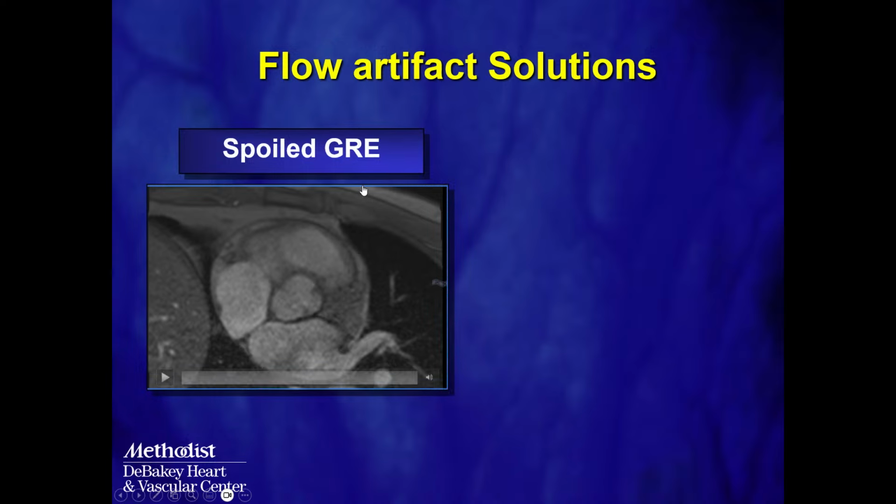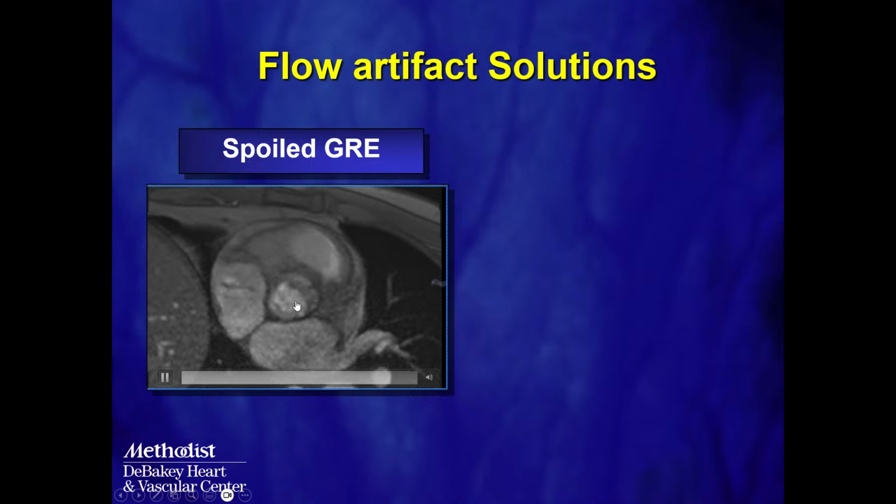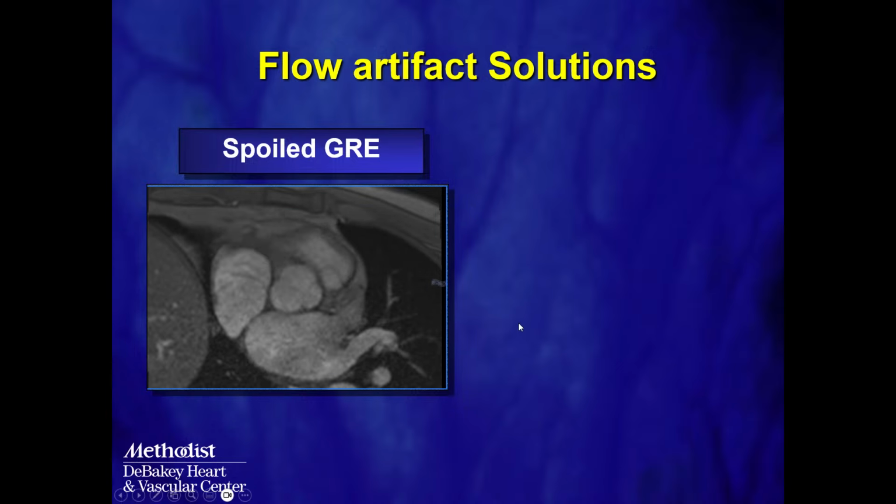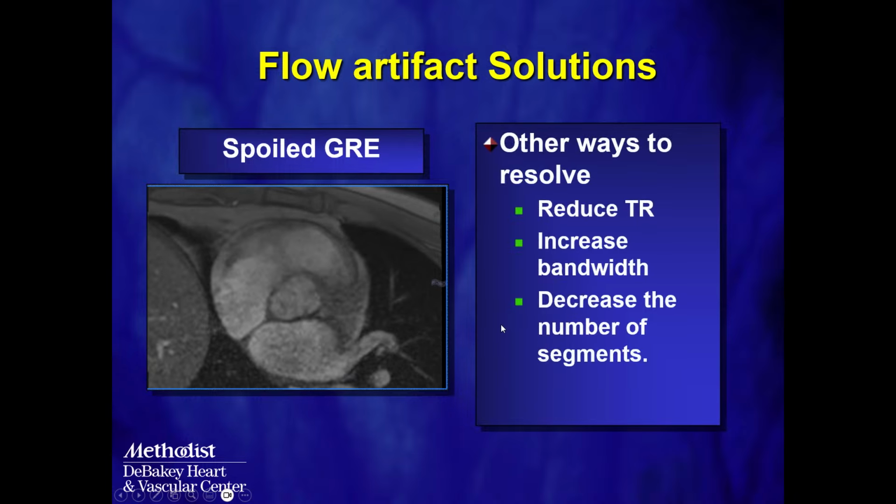If I apply a different gradient, a different pulse sequence, which we call the spoiled gradient echo, the same image now has much better edge definition and less pulsatile flow artifact. So now you can definitely say that this is a bicuspid valve. Why? Because you're less susceptible to the disturbance of flow that these patients typically have if you use the standard SSFP. Also, if I reduce my repetition time, I generate less of a disturbance of the signal.